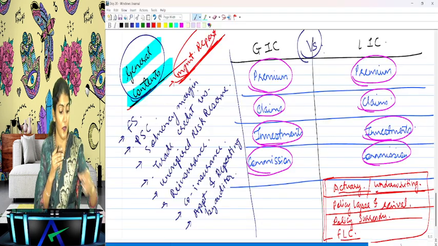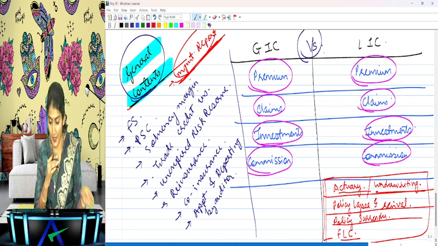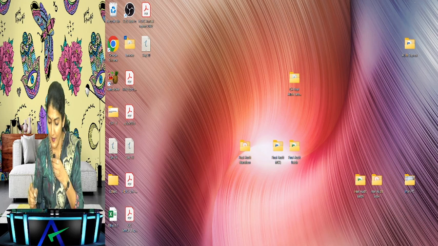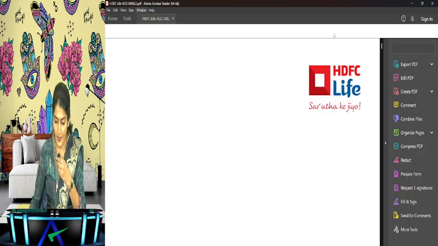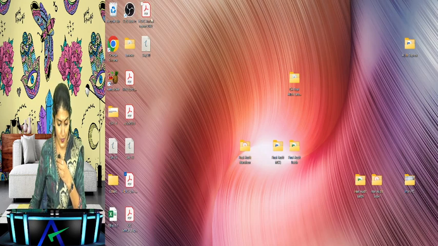We are talking about these different types of insurance companies, and who the regulatory authority is in the case of these insurance companies. It is the IRDAI, and the act which is applicable to them is the Insurance Act.